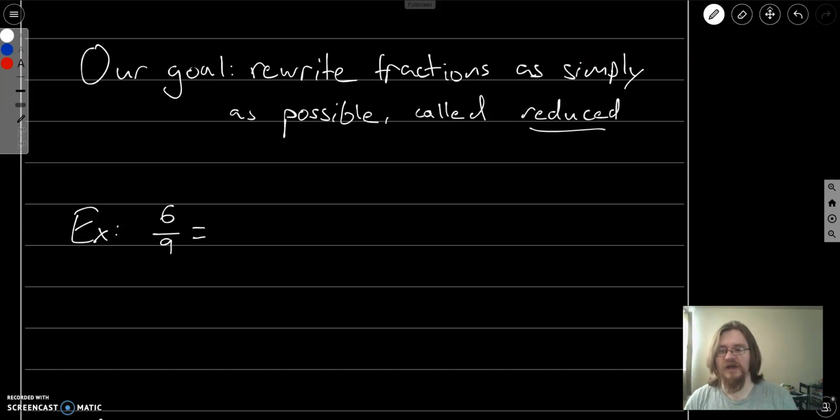However, I can pull the 6 apart, and I'll see that it's actually 2 times 3. And on the bottom, I have 9, which I can write as 3 times 3. If I take 2 times 3 and divide it by 3 times 3, the 3 on top will cancel out with the 3 on the bottom, and we will be left with 2/3.